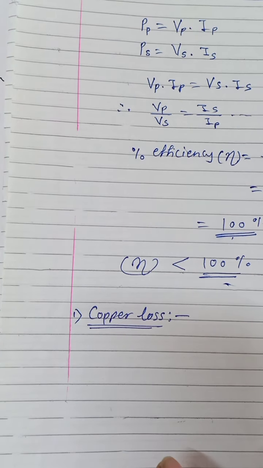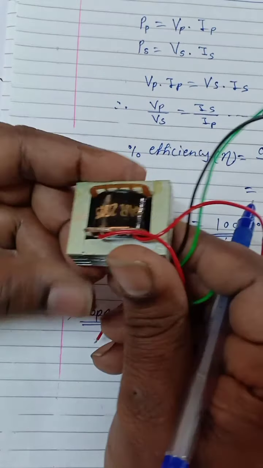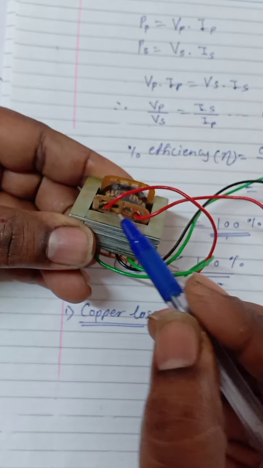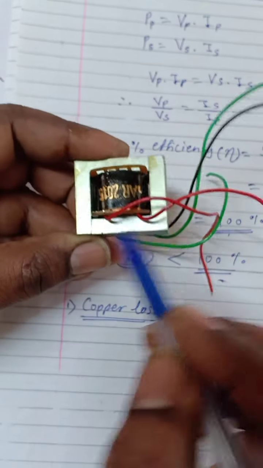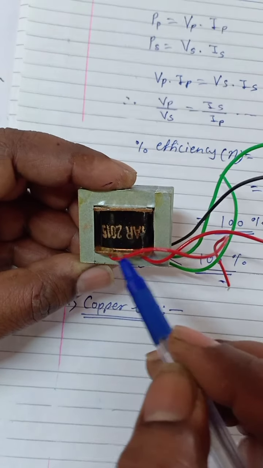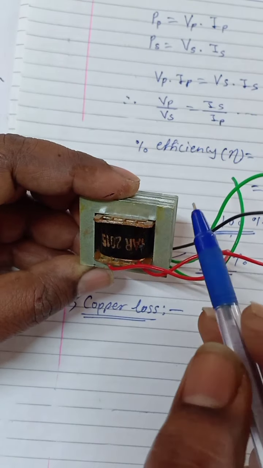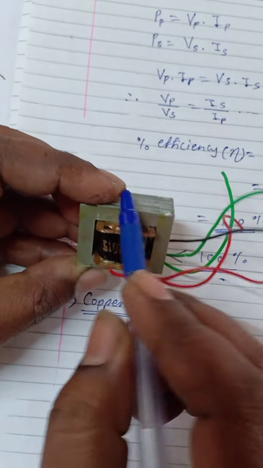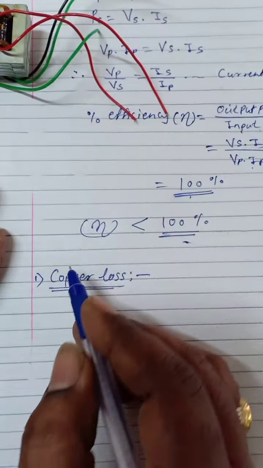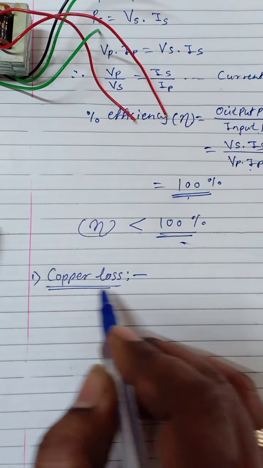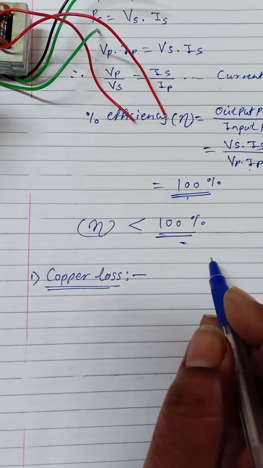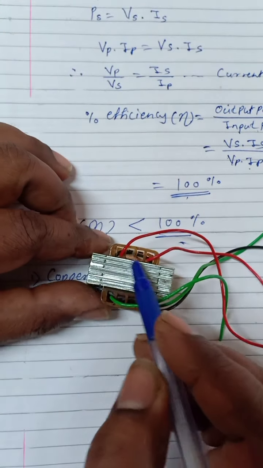We know that this is the transformer, and whatever winding is used here is nothing but a copper wire. Here copper wire is used, which is wound on this plastic cabin and fixed on this iron core. So copper loss means the loss in whatever copper wire is used in the transformer.